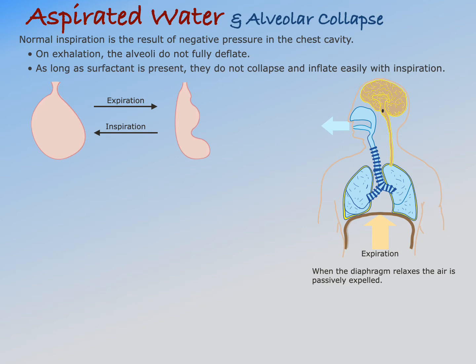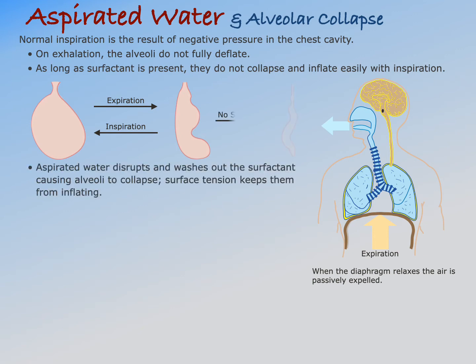And because they have surfactant, they easily inflate when your diaphragm moves down again. There's a problem when you don't have the surfactant. Remember that aspirated water disrupts and washes out the surfactant, and that leads to collapse of the alveoli. And the surface tension keeps them stuck together, and so they can't inflate on their own.